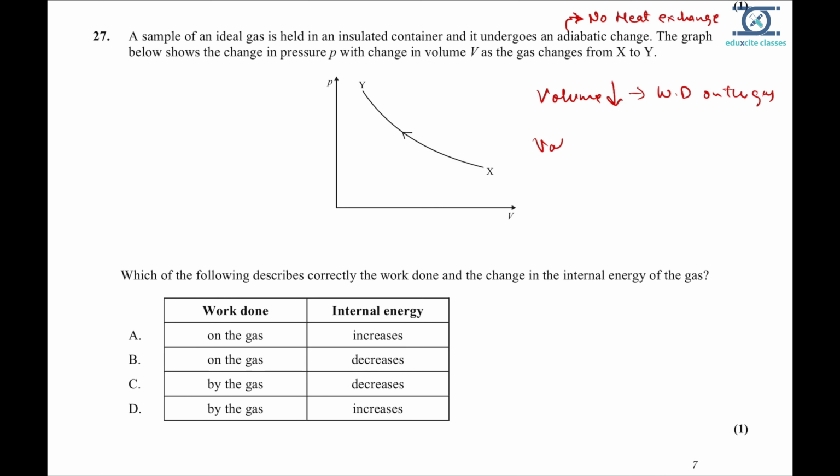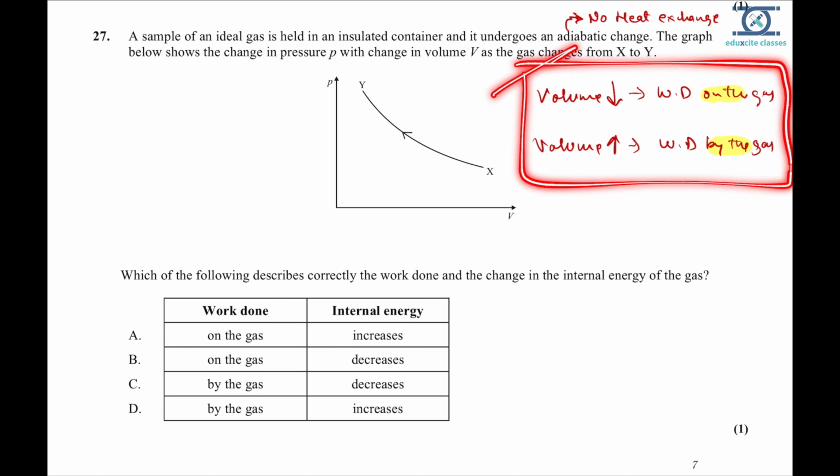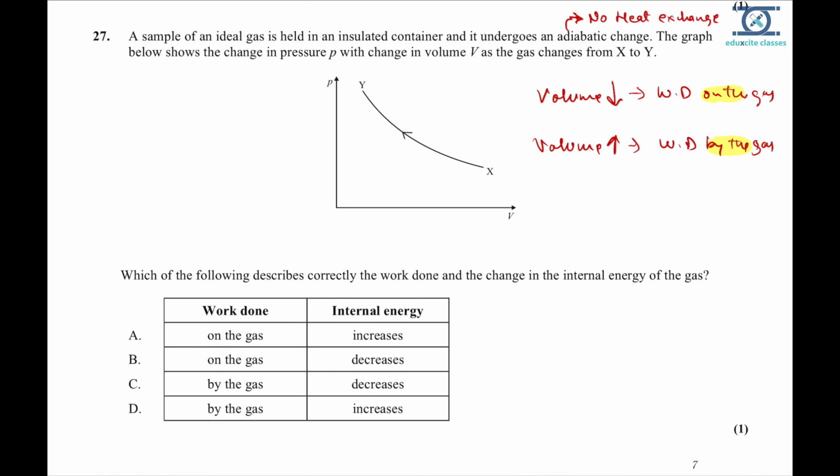If volume expansion takes place, it means work is done by the gas. So this is a very important significance of the terms on the gas and by the gas. This is the easiest way to remember. If there is a compression, work is done on the gas to compress it, and if it is expanding, the gas has done the work to expand itself.